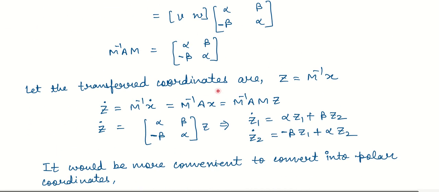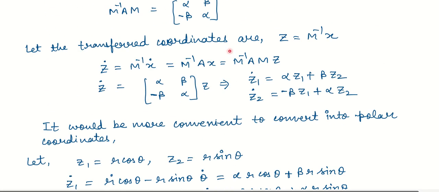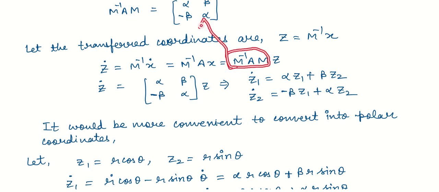So now let's transform like we did in the previous case. Z is equal to M inverse X. Now if I take the differentiation, I will get Z dot is equal to M inverse X dot, and as we know, X dot is AX, just put it here. And I will get M inverse AM times Z. Now we know that M inverse M is this matrix.